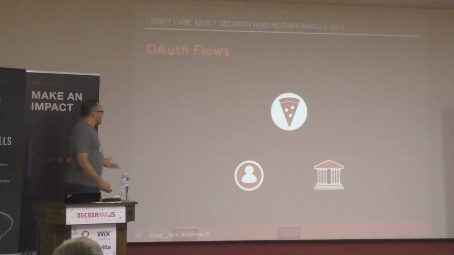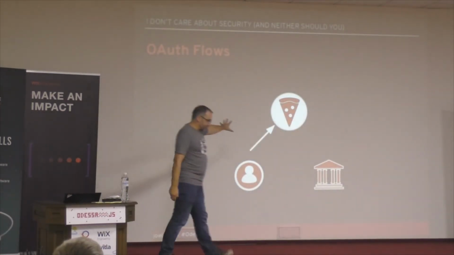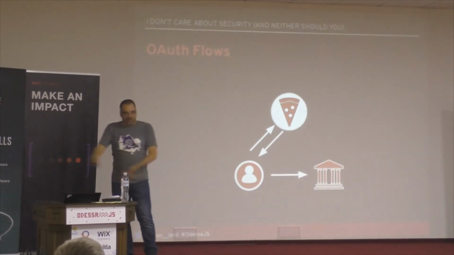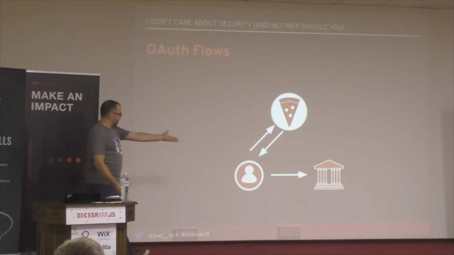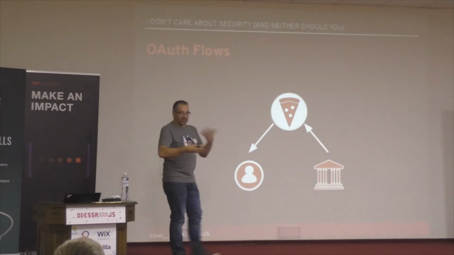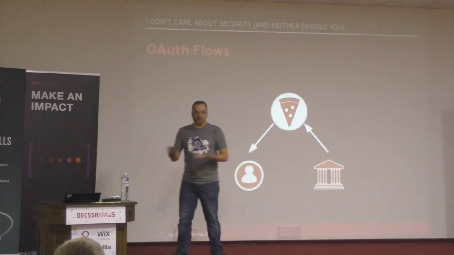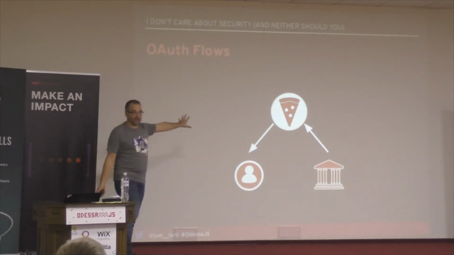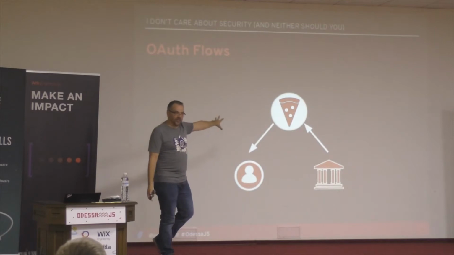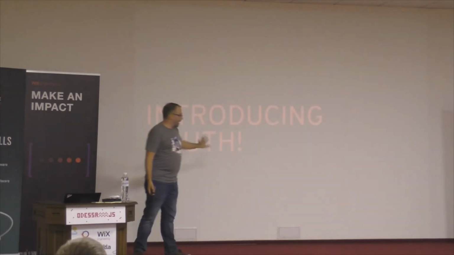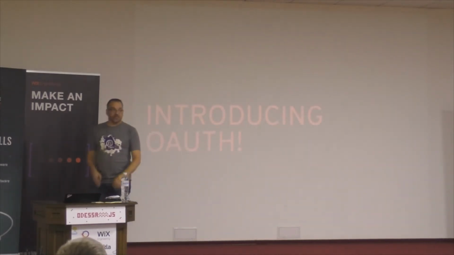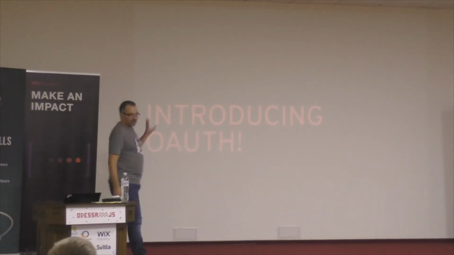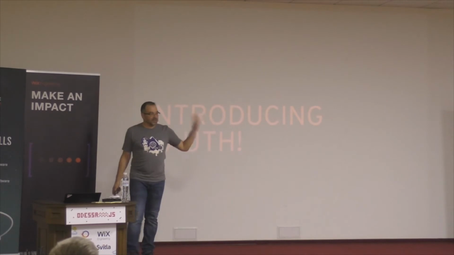So I go to the restaurant, I want to get my slice of pizza, and they say, we don't know what that card is, so here's that machine, which is basically an access to the bank. That machine will validate who I am using my card and a NIP, or a PIN, sorry, and then tell the restaurant that, yes, he does have 99 cents in his bank account, and gives me my slice of pizza. And that's what OAuth is all about. That's pretty much what it is. It's all about just delegating access to different resources.